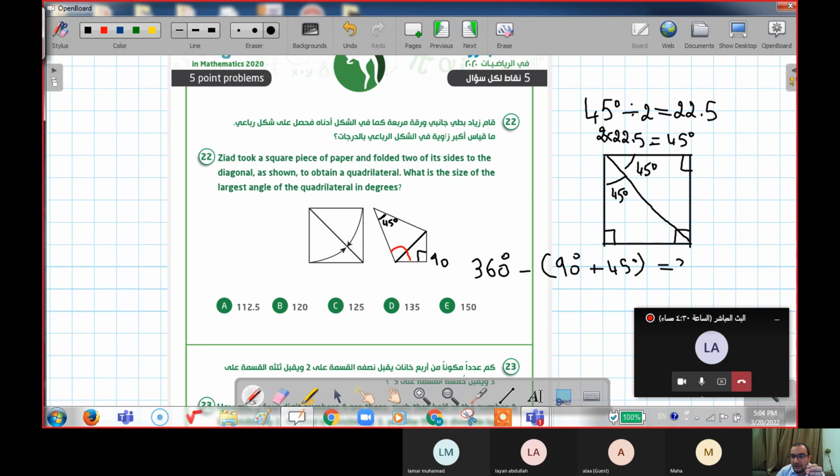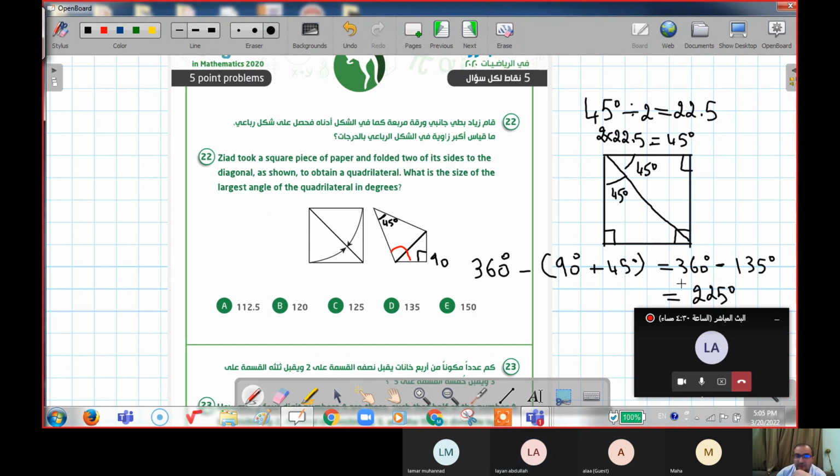So it will be 360 minus 135 degrees, which is equal to 225 degrees.